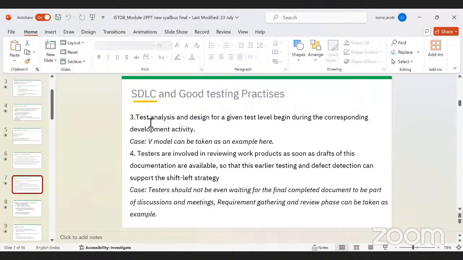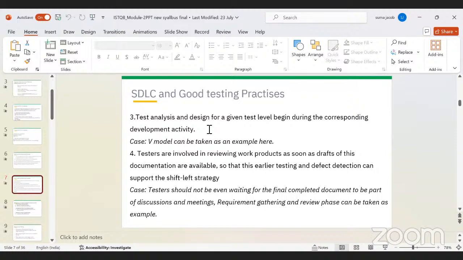The next one is, test analysis and design for a given test level begin during the corresponding development activity. Again, we can take the example of the V model. During the development activity itself, the testing team will be conducting the corresponding testing activity. During the system design, when the developers are working on the system design, the testers would be working on designing the corresponding tests.